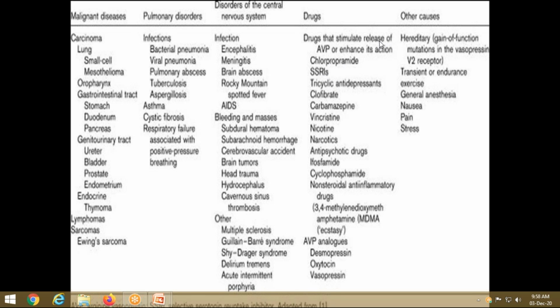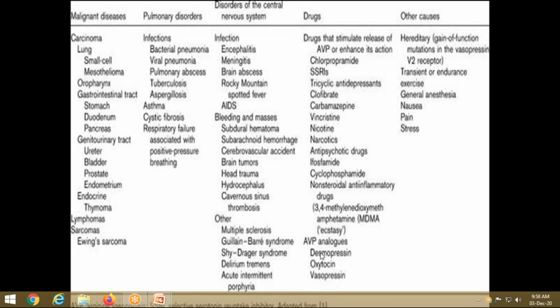So they just stimulate the release of AVP, ADH. Anti-cancer drugs, antipsychotic, antidepressant drugs, even NSAIDs, narcotics and MDMA, ecstasy. These all cause it, and AVP analogs.